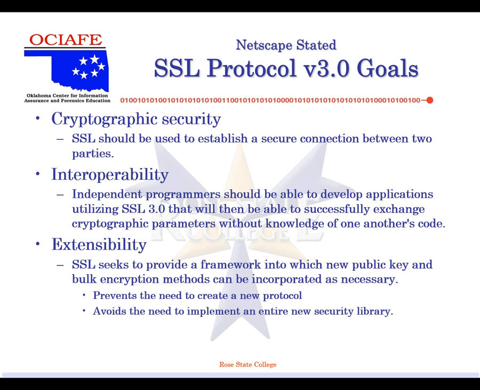It avoids the need to create a new protocol and avoids the need to implement an entire new security library, and we will actually be covering public key next week with PGP. But a real brief explanation of it is, it's called public-private key. I can take a key and publish it on the internet. If you download that key, you can use it to encrypt something.